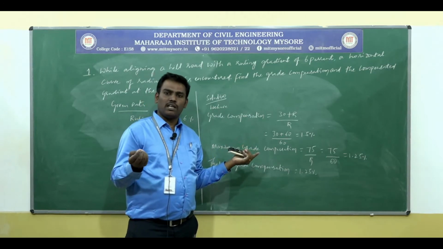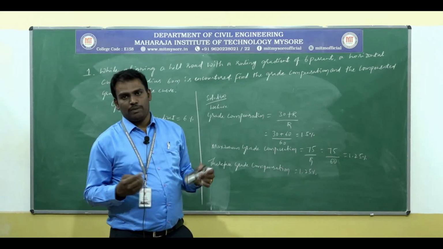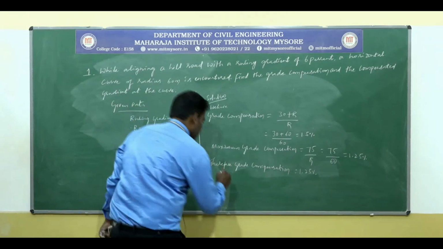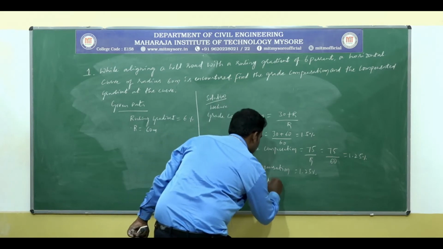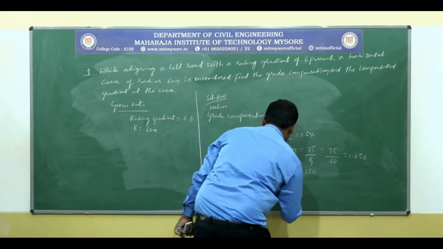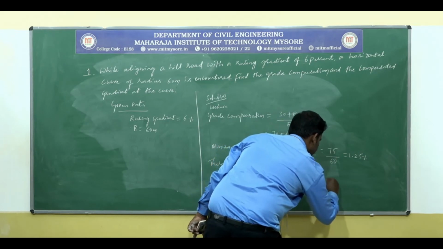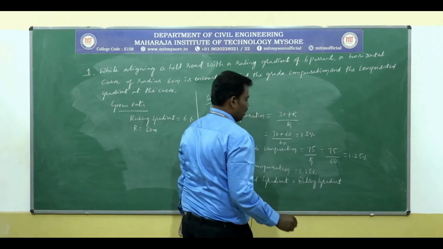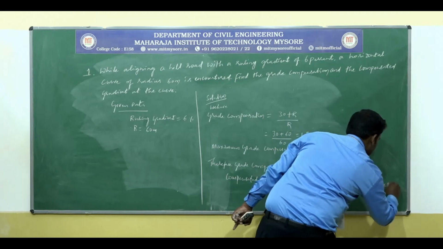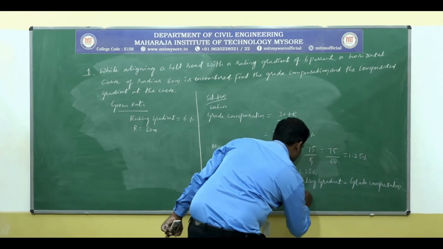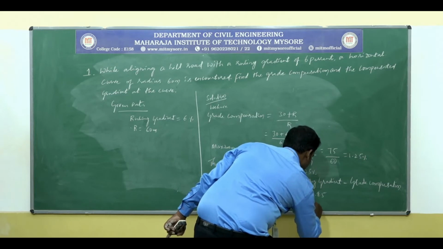The compensated gradient is nothing but ruling gradient minus grade compensation, which is 6 minus 1.25. You get 4.75%.